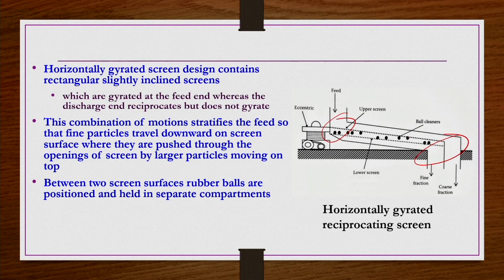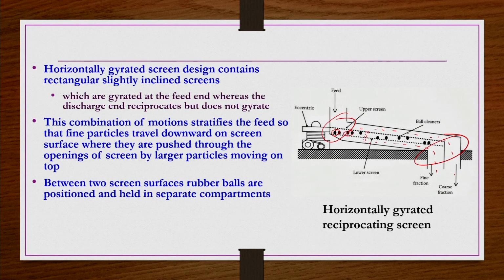Okay. So, because of this motion the particles pass through the screen opening, the finer particles pass through the screen opening like that, and then come out as a fine material, whereas the coarse material comes first as the coarse fraction like given here, and then between the screens.